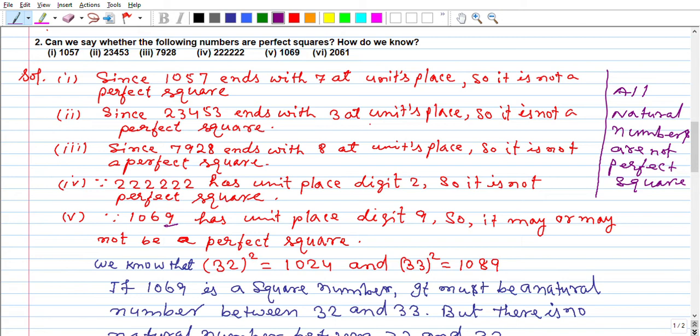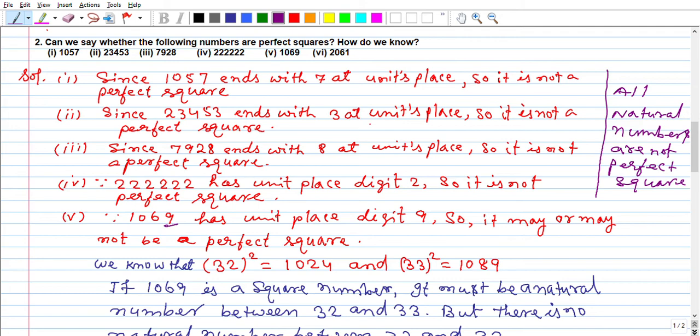So we know that 32 square equal to 1024, 33 square equal to 1089. You also know that 30 square equal to 900. So we can take the preceding term, 32.